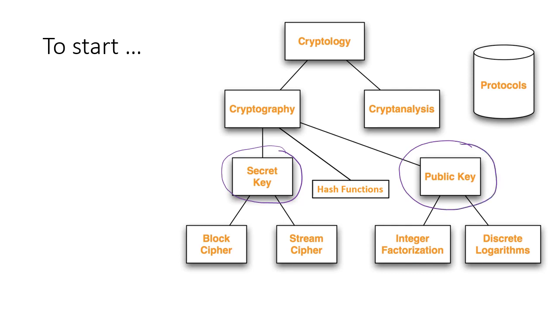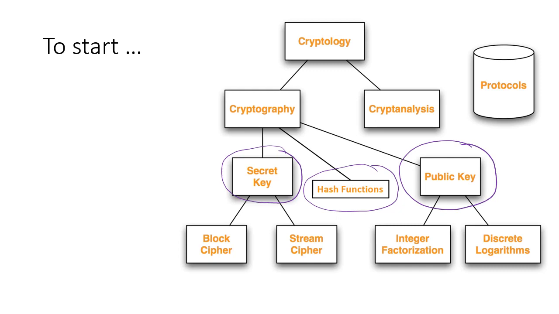Now, in secret key algorithms, two communicating parties, if we call them Alice and Bob, share the same secret key. Whereas in public key algorithms, it's typically an individual who has a public and a private key, and the public key is made public so that anybody can take a look at it.